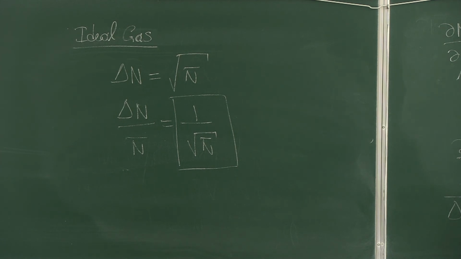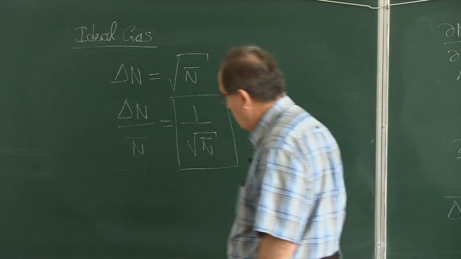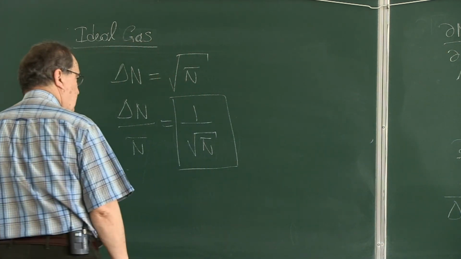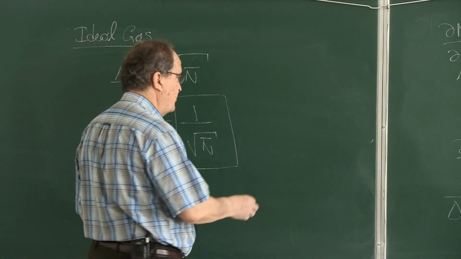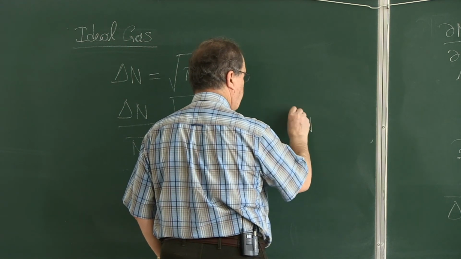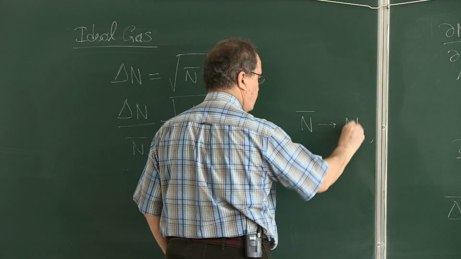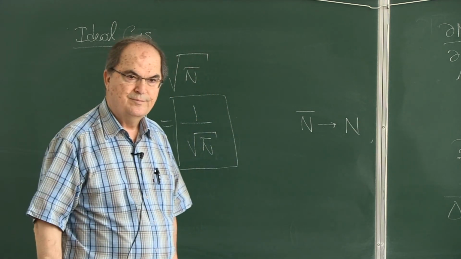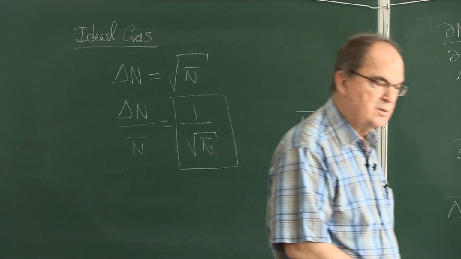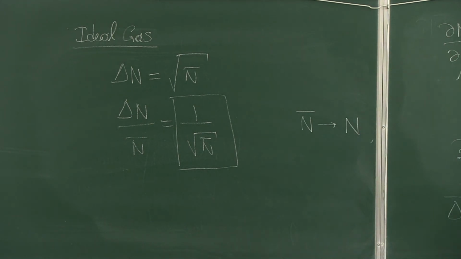Relative fluctuations go like 1 over the square root of the number of particles, very small. So that's why we replace N bar by N, isn't it? Because the fluctuations are so small, you can always do that.